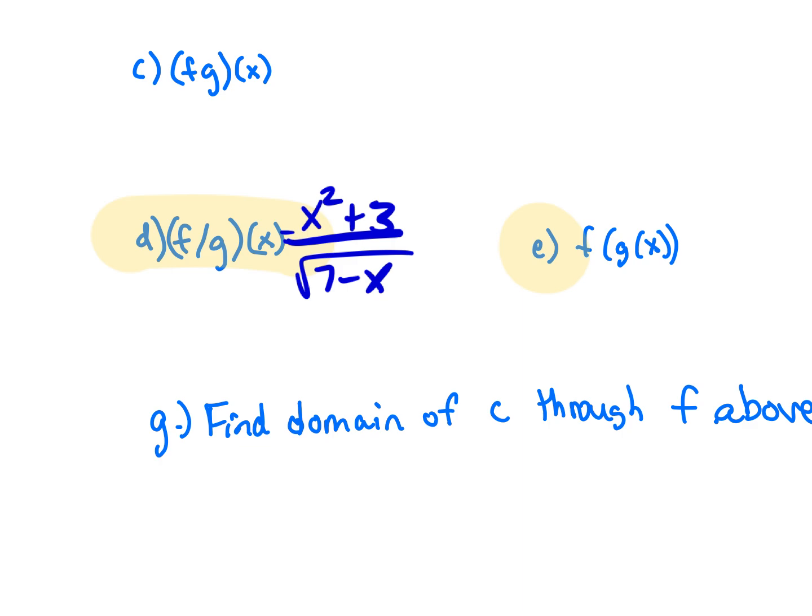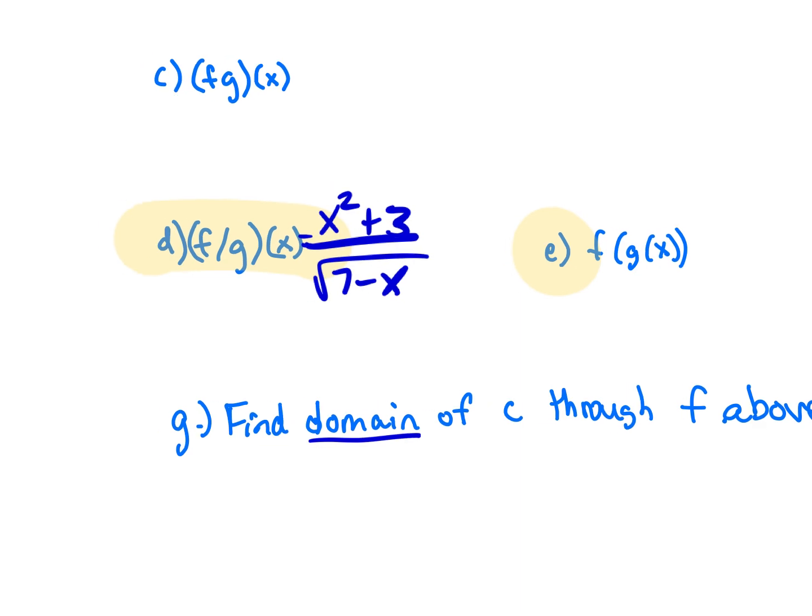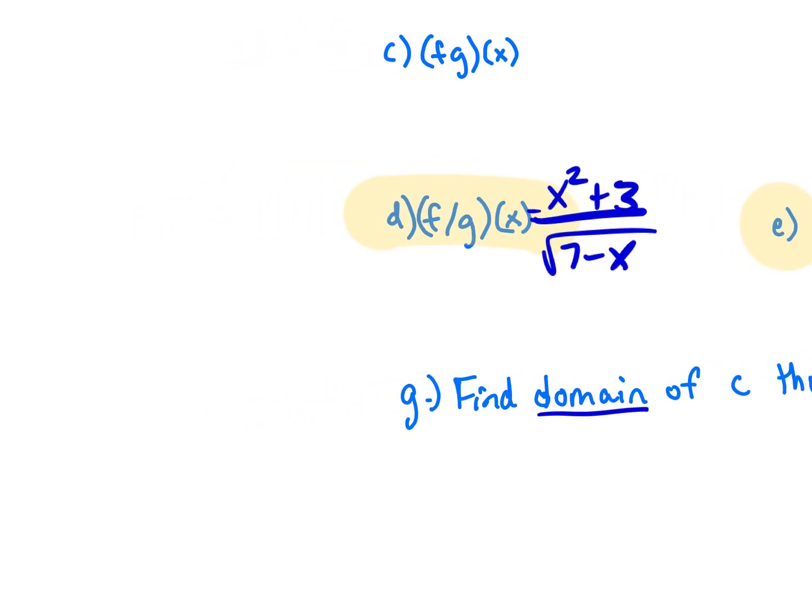But let's find the domain. When we have the domain of a combination function, we have to check for 3 things: the domain of f, the domain of g, and the domain of the new function.